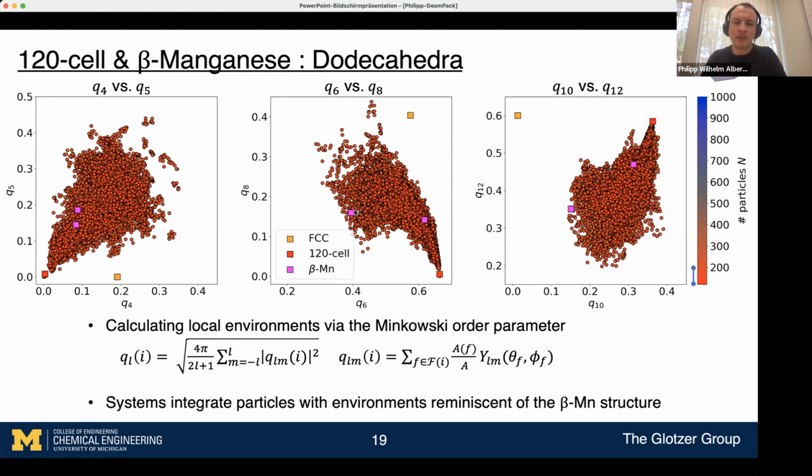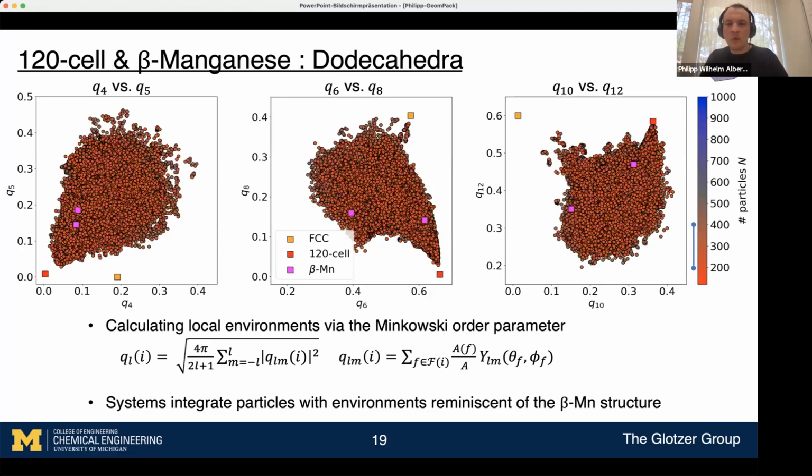And for beta manganese, which is the one which forms in Euclidean space, you can see the environments represented, for example, here or here. And if we now have a very small excess of particles, we can see that the typical environments spread from the perfect 120 cell environment towards that region, which is also occupied by the two beta manganese Wyckoff sites and environments.